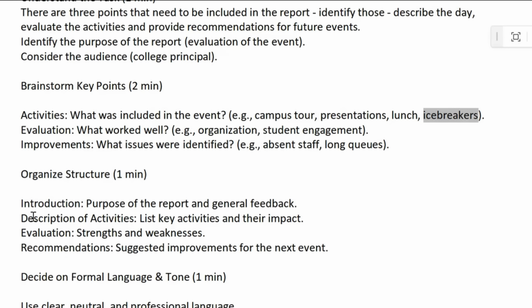We're going to have to describe the activity, so this will be one of our subheadings. Then we're going to have to talk about evaluation and talk about the positives and the negatives. And at the end, we're going to provide recommendations. We're going to provide improvements for the next year's welcome day.